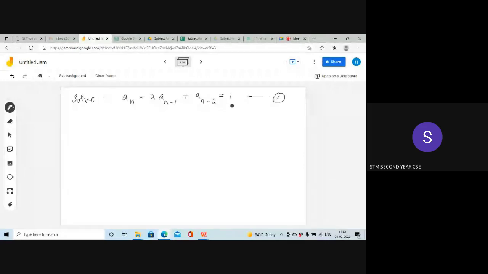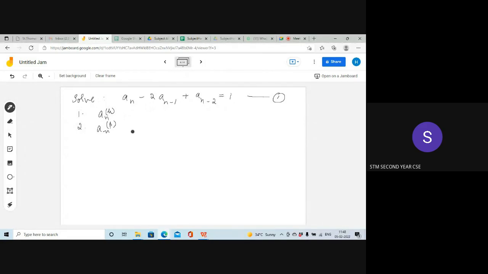This is a non-homogeneous recurrence relation, and we have to solve it by finding the homogeneous solution and the particular solution. We have to find two solutions: a_n^(h), the homogeneous solution, and a_n^(p), the particular solution.